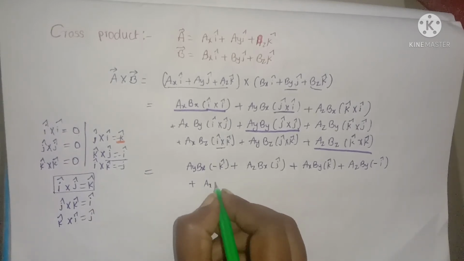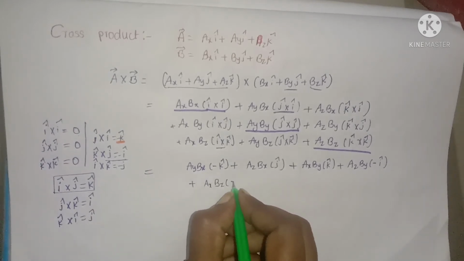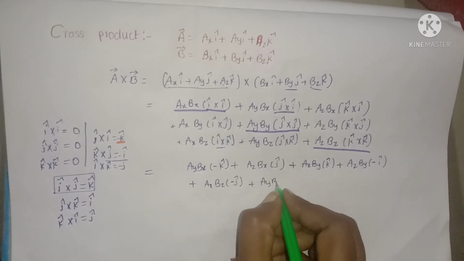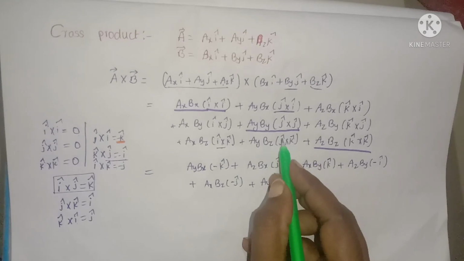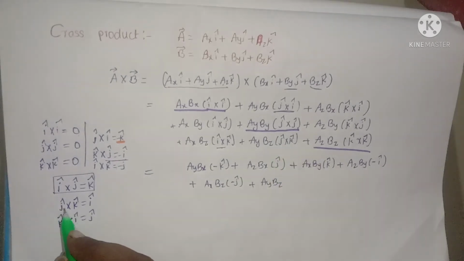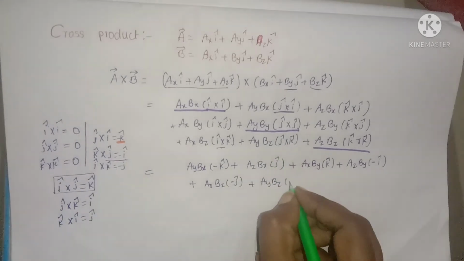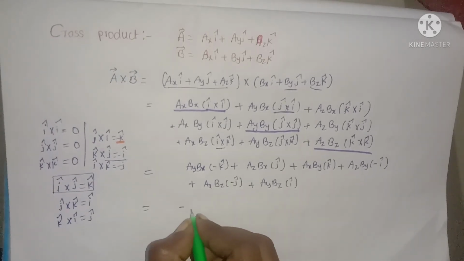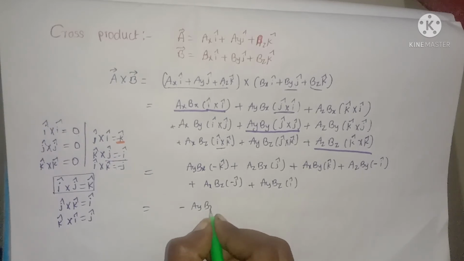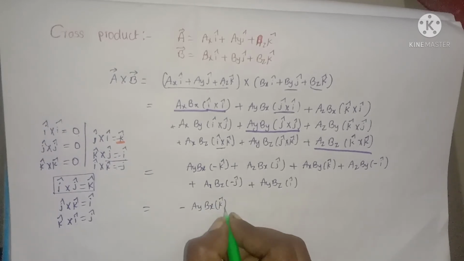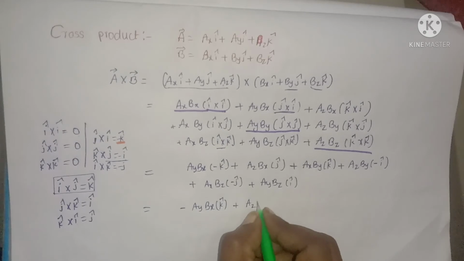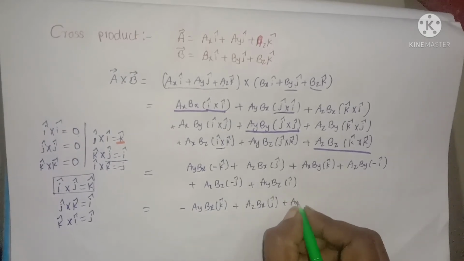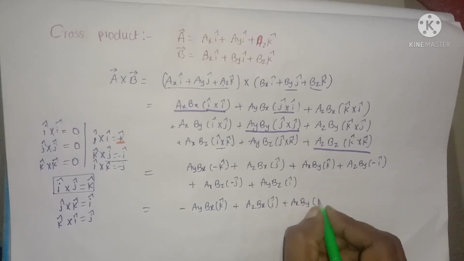So here ax bz into minus j cap, plus ay bz into j cross k. j cross k means i cap. So here i cap. Now write this: minus ay bx k cap plus az bx j cap plus ax by k cap.